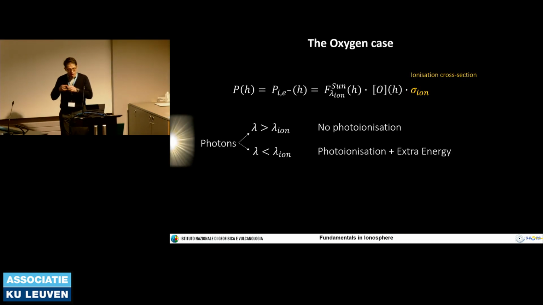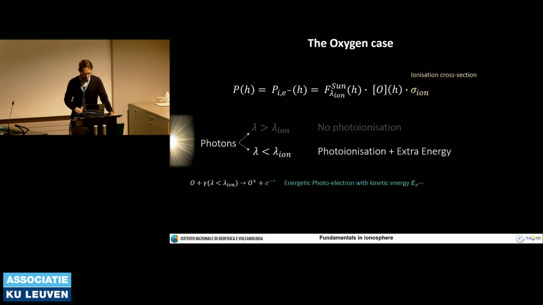Let's start to complicate things a little bit more. So you need also to take into account that there is a cross-section, of course, so the efficiency of the photons to actually create ionization in the plasma. And if you have a photon characterized by a wavelength which is larger than the one needed for the ionization, there is no photoionization. Of course, if it's smaller, you will have the photoionization, plus some extra energy.